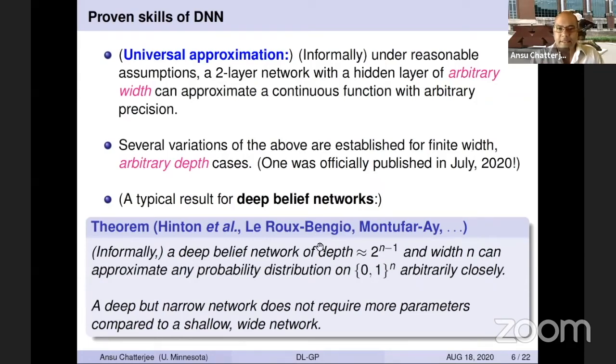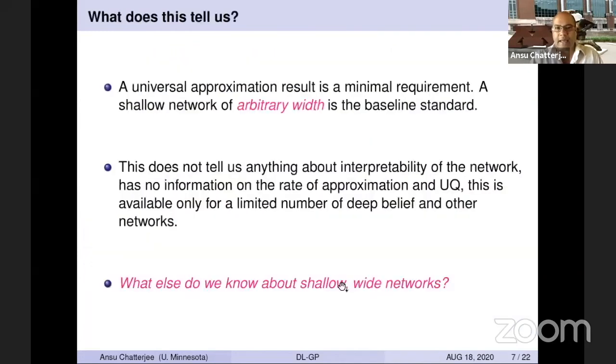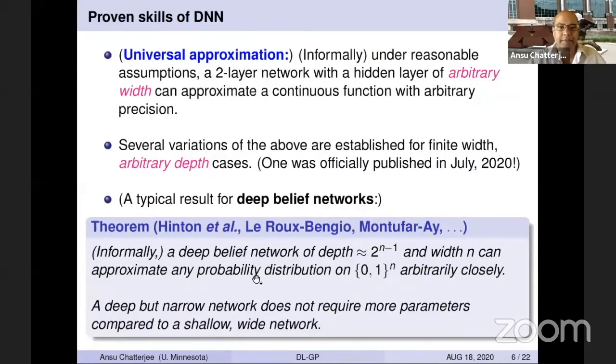And here's a typical result. By the way, anytime I present a theorem or something like that here, I'm not stating all the conditions. So don't jump at me for that. So let's say you have got a discrete probability distribution sitting on 2 to the power n points.